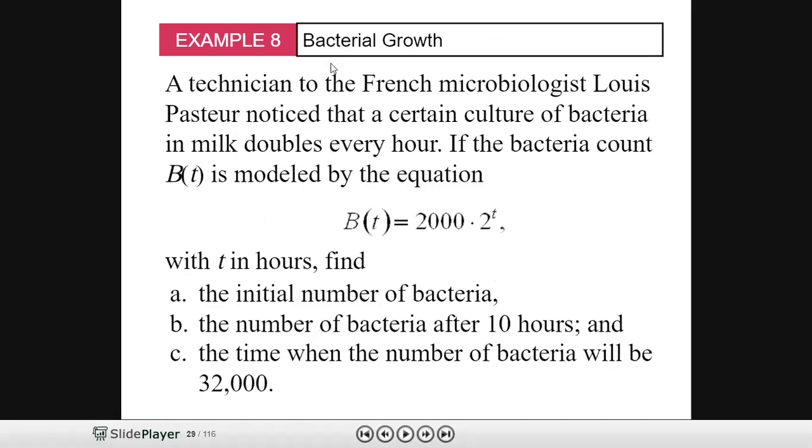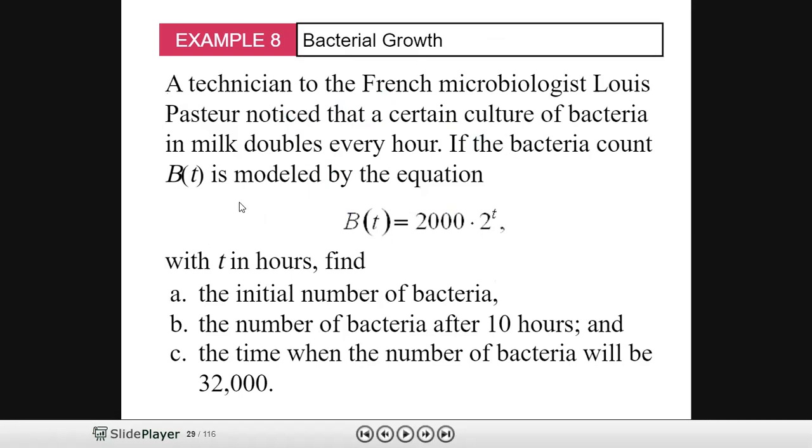One more thing is bacterial growth. Sometimes these types of questions are given in the SAT exam. The French microbiologist Louis Pasteur noticed that a certain culture of bacteria in milk doubles every hour.